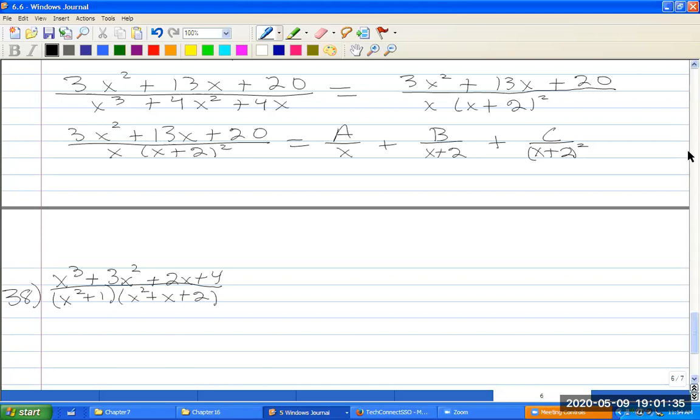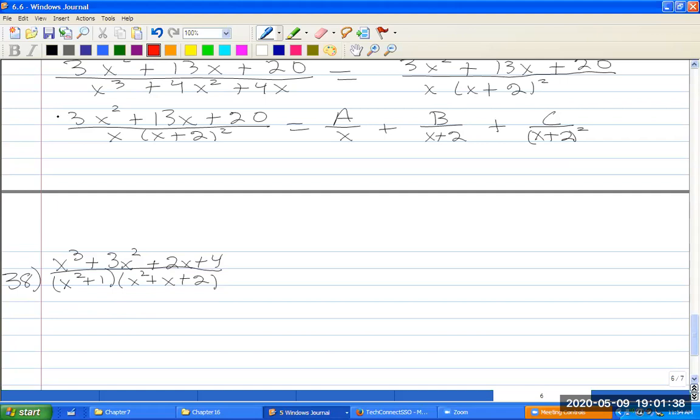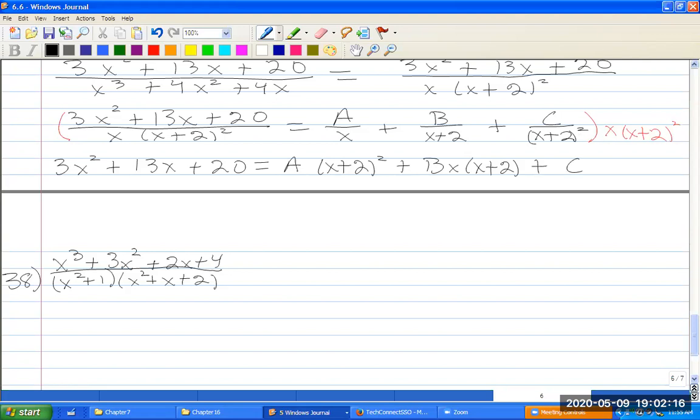And so let's multiply both sides of my equation by x plus 2 squared. So from that, I get 3x squared plus 13x plus 20 is equal to a times x plus 2 squared plus b, one of the x plus 2's cancels, so that's bx times x plus 2, plus cx, the x plus 2's cancel.